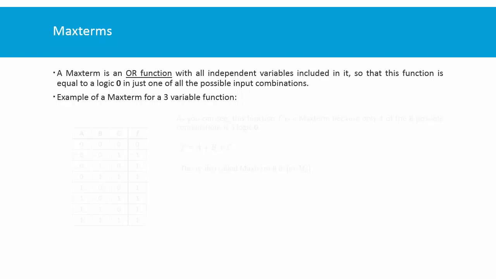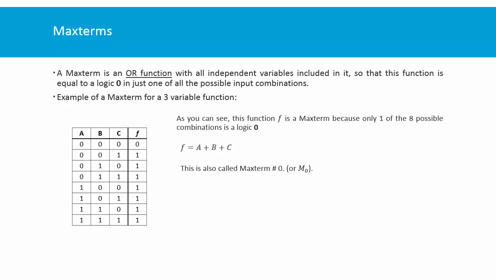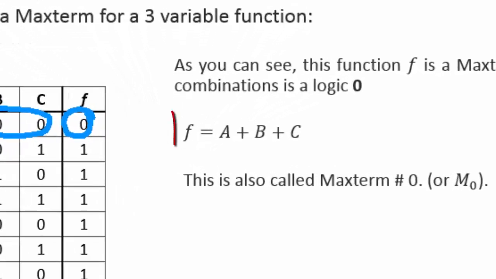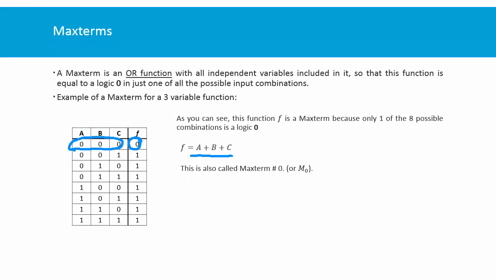Now let's see an example of a maxterm for a 3-variable function. Here we have only that in the first row, the function is 0. And the expression that makes the function 0 only in this particular combination is this one here. See that the function now uses ORs, they are not ANDs.